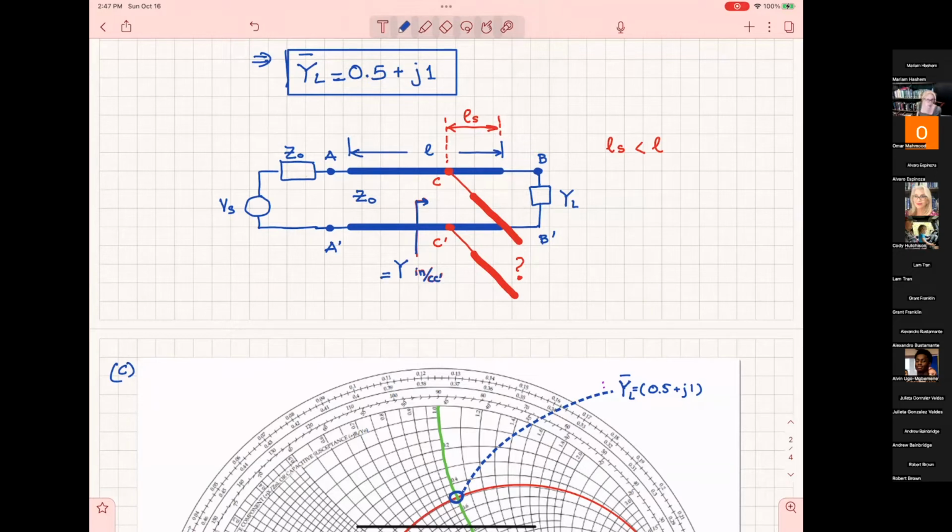To 1 over Z0. Do you agree? Why? Because Y input at CC prime is 1 over Z input at CC prime. All right? Is that clear?